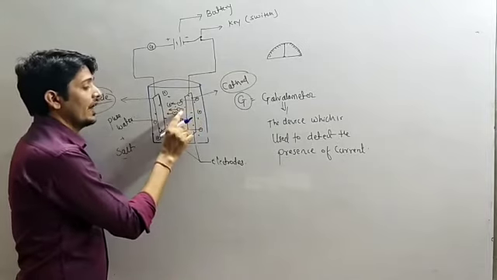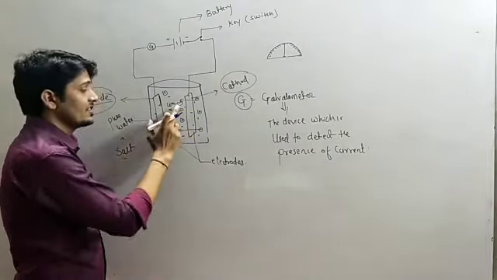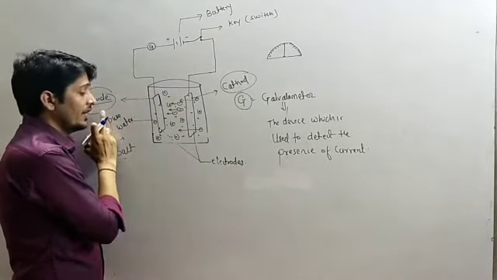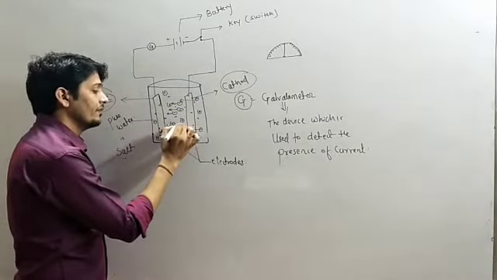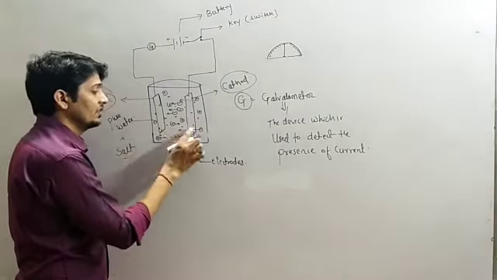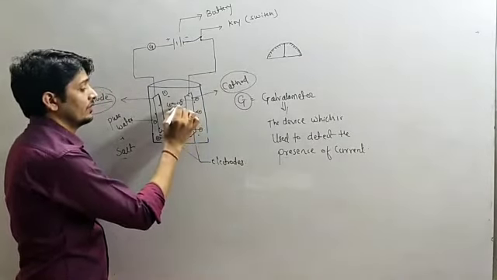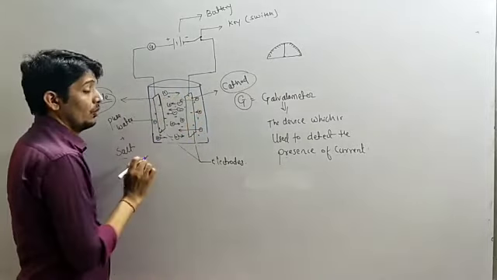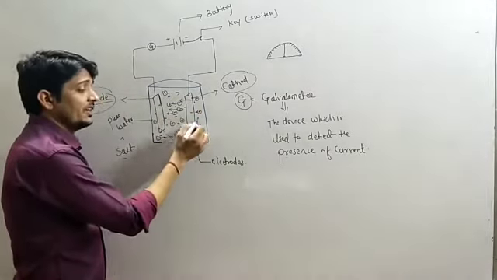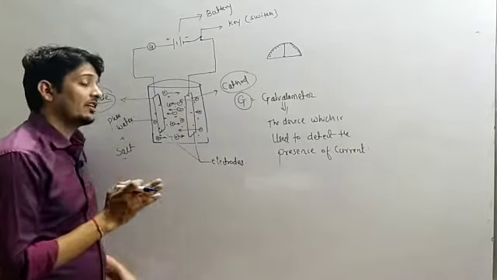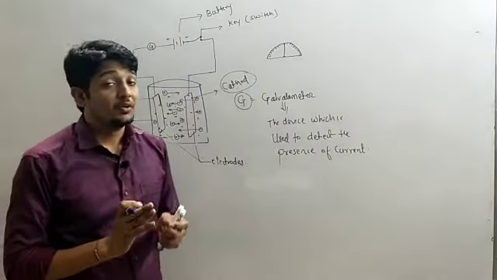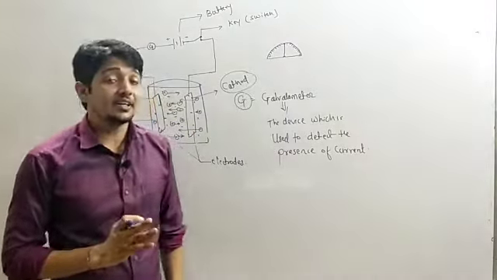Negative ions, that is chlorine ions, start moving towards the anode, and positive ions start moving towards the negative electrode, that is the cathode. So the ions are the charge carriers, they carry the charge, like electrons.